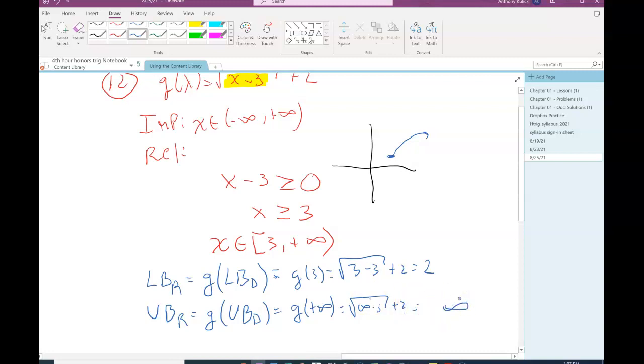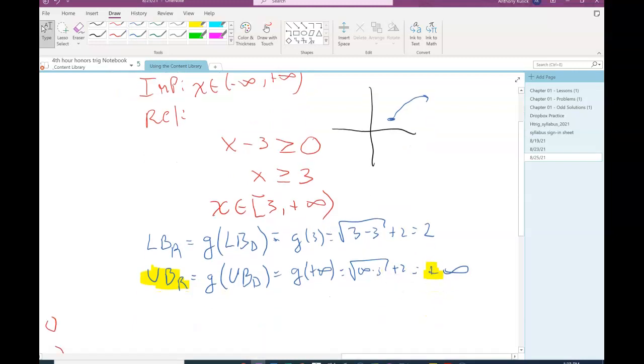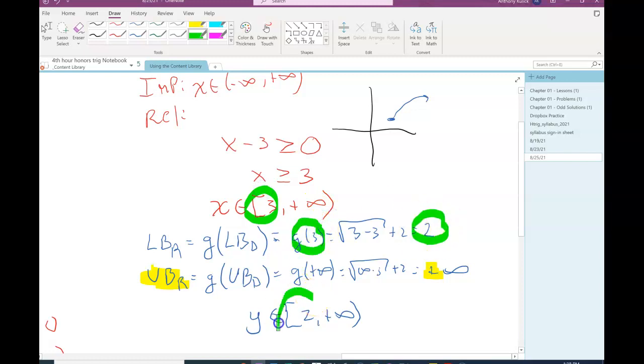Since this is an upper bound, I know the sign on the infinity must be positive. So my range then is 2 to positive infinity. And I know the 2 is a bracket because the 3 had a bracket, and that's what I used to get the 2. Does that feel okay there?